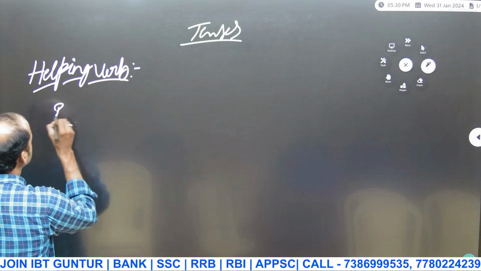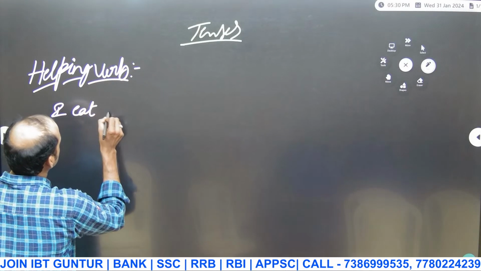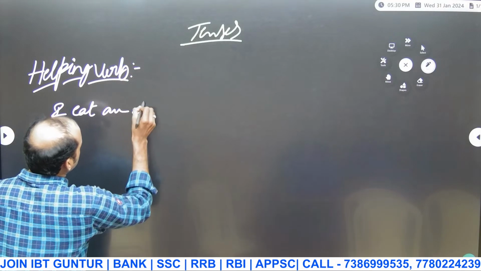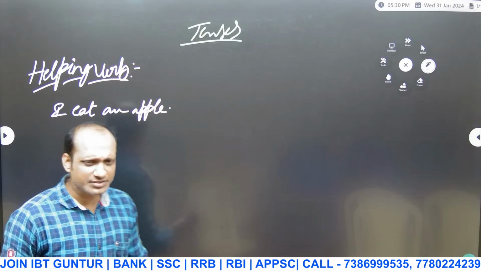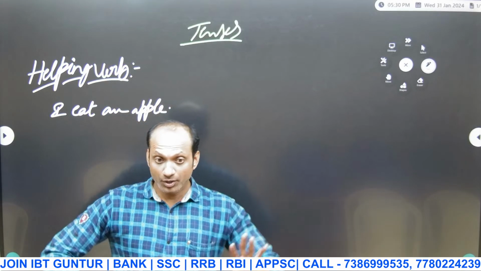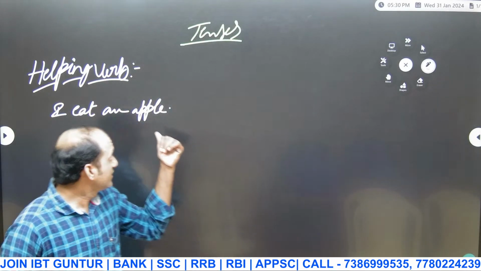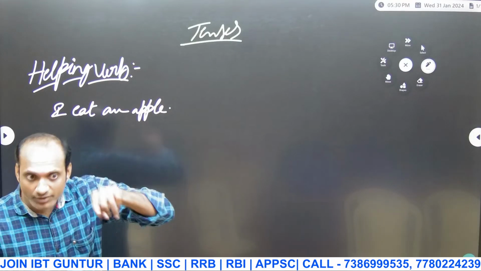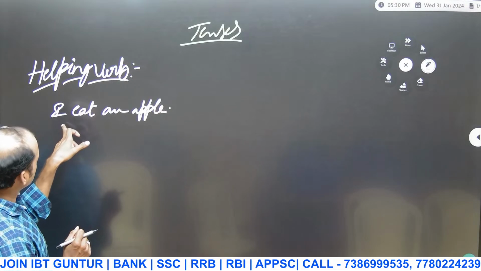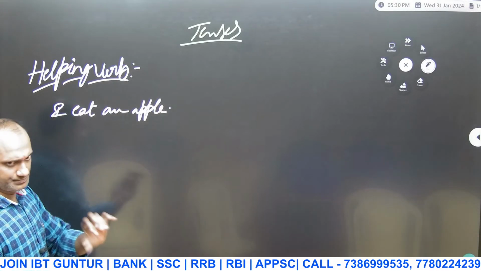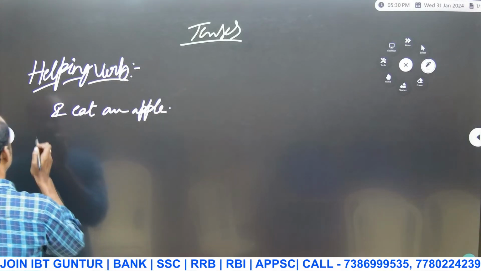See here, I eat an apple. Who asked you? So for this sentence, what is the question you have to understand? How can we change this sentence into question form? Let us see.